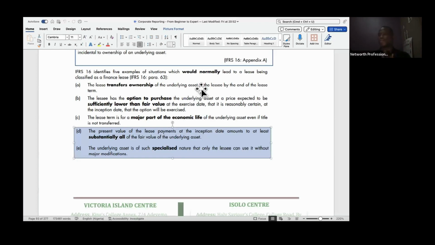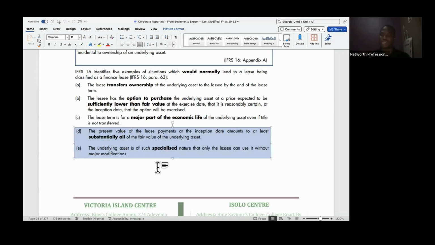From transfer of ownership, to the option to purchase, to the fact that the lease term is substantially the economic life, to the point that the PV of the lease payment is almost equal to the fair value, and the asset is of specialized nature. Specialized nature means that only the lessee can use it.